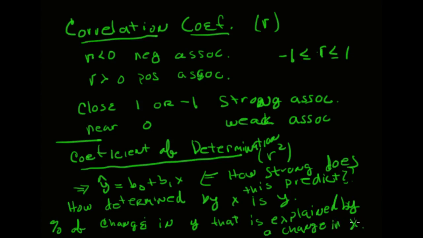So how much of a change in the response variable is explained by a change in the explanatory variable? If r squared is really close to 1, 100% of the change in the response is explained by a change in the explanatory variable, which basically says that given this model, I can completely guess correctly the value of y given x.